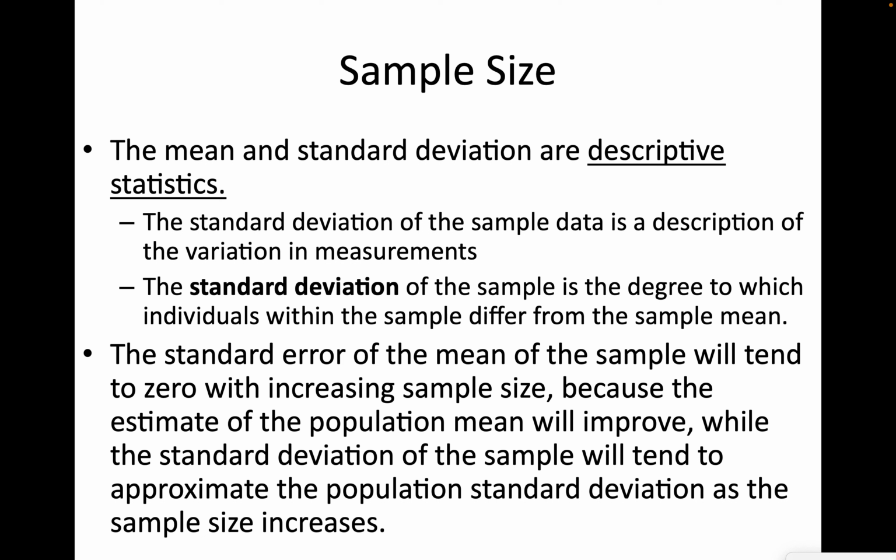The standard error of the mean of the sample will tend to 0 with increasing sample size because the estimate of population mean will improve while the standard deviation of the sample will tend to approximate the population standard deviation as the sample size increases. Why is it moving towards 0?